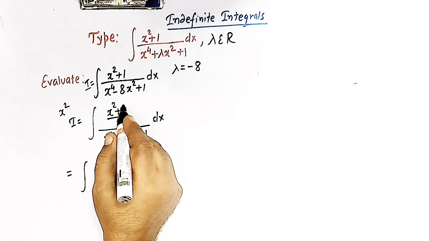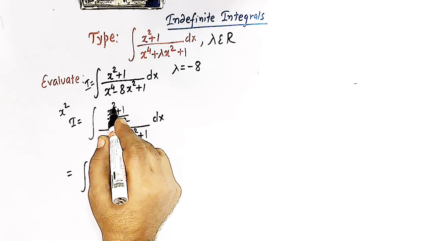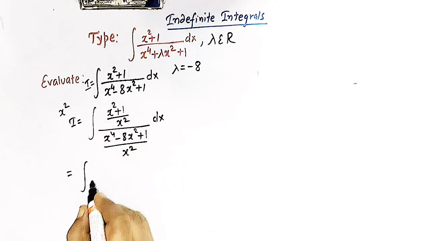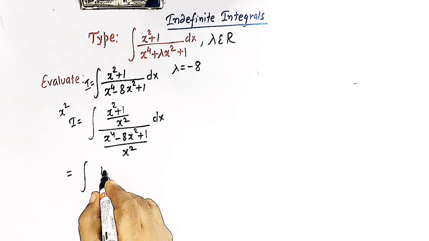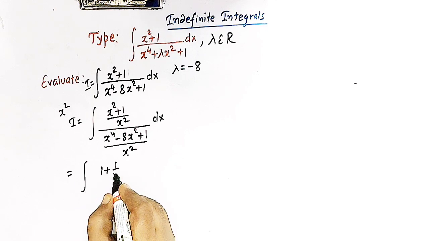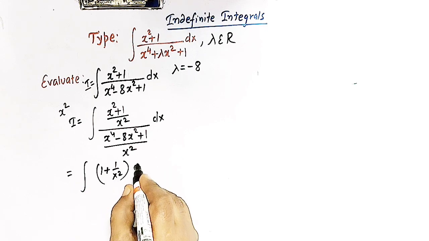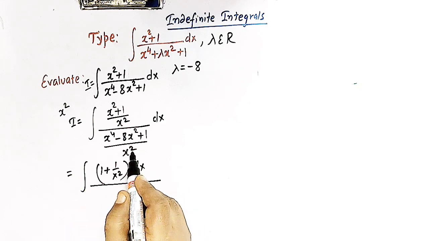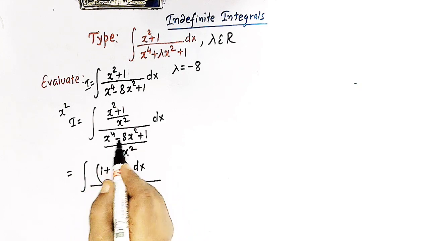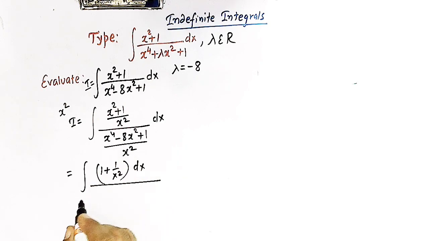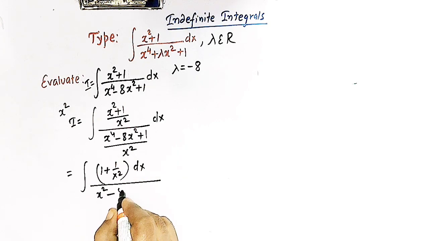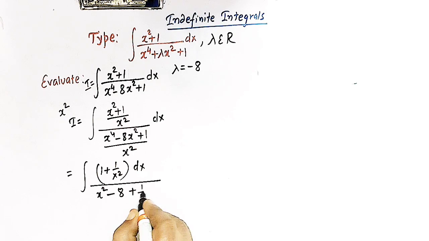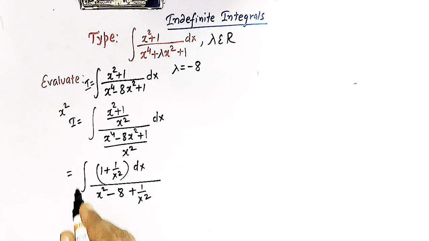So now this term, that is x square plus 1 over x square, can be written as 1 plus 1 over x square, and here we have dx. And now if we take this x square to the denominator of these three terms, we'll get x square, then we have minus 8, and then we have 1 over x square, right?